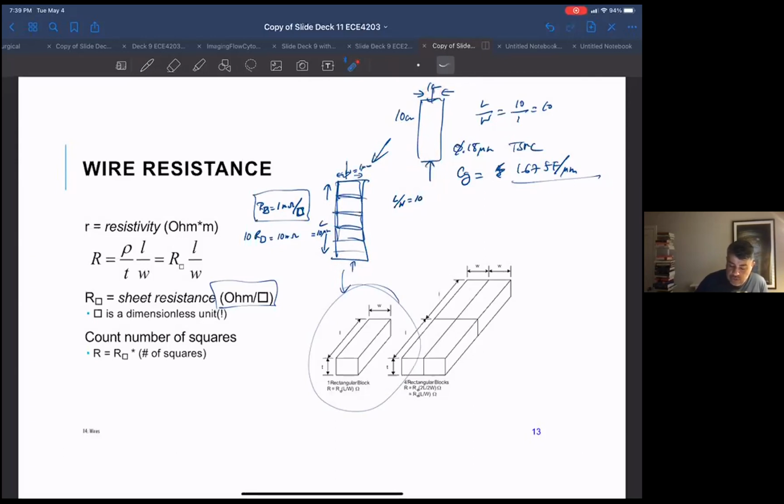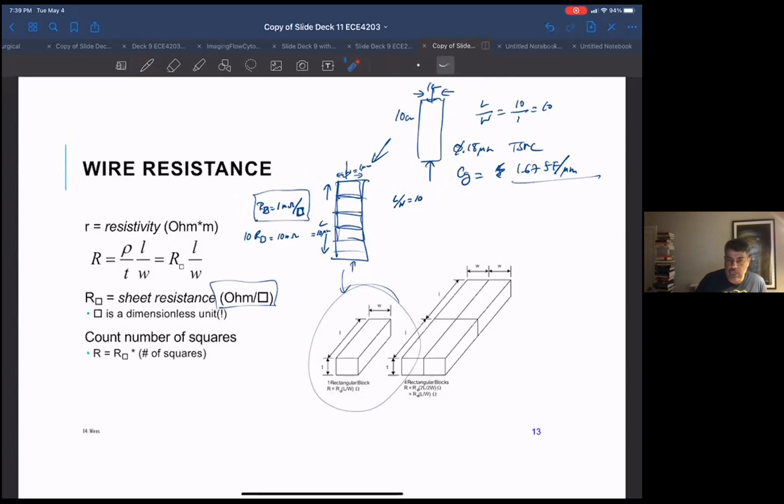So when I'm doing a layout, all I have to do is figure out the ratio of width to length of the line that I have and multiply it by this sheet resistance, which is given in a table sitting in front of me. For this particular process, there's a different number for each metal layer.